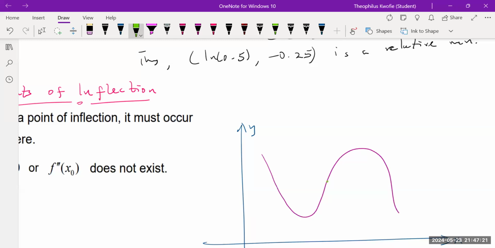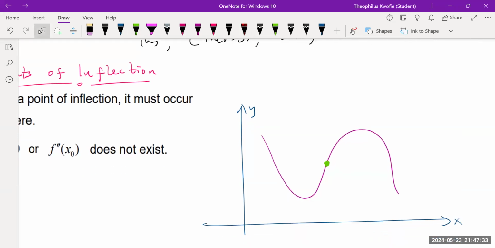We see that around this point, there's a change in concavity. So from this point up to here, we have concave what? We have concave up at this point. And then from here up to here, we are going to have concave what? We're going to have concave down.